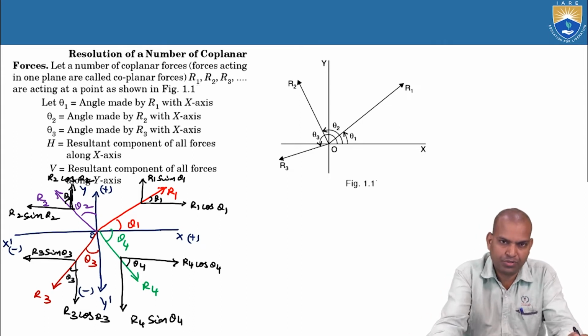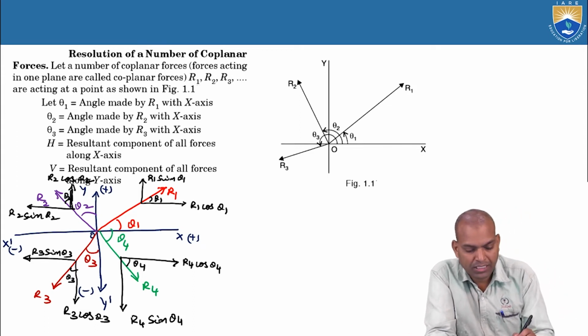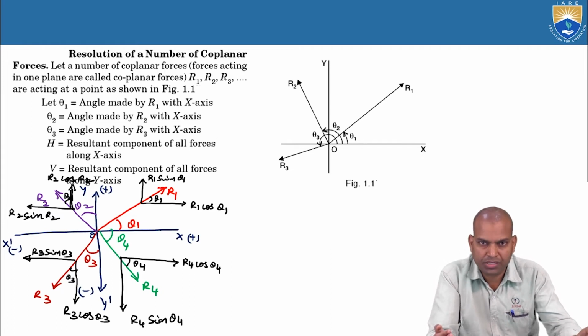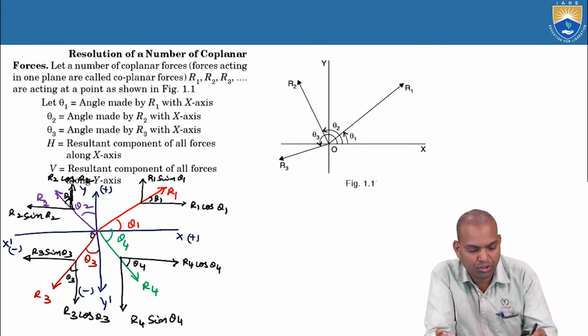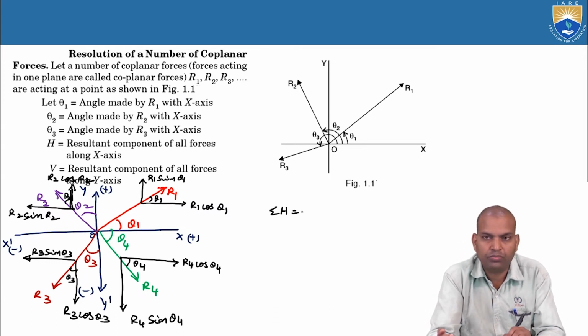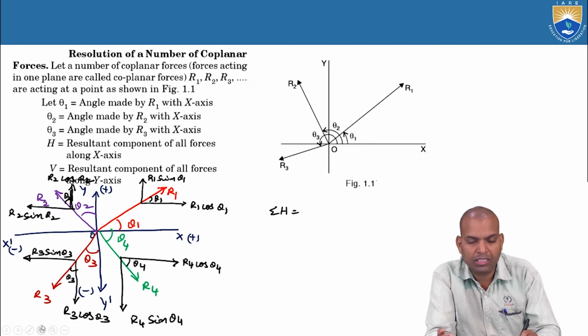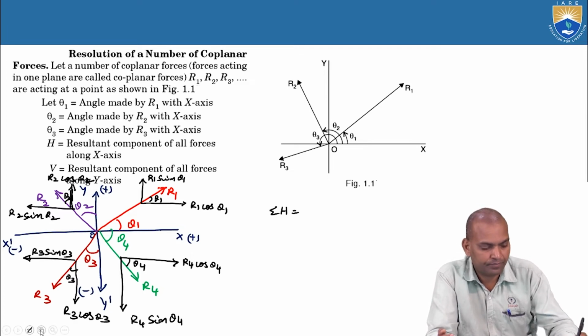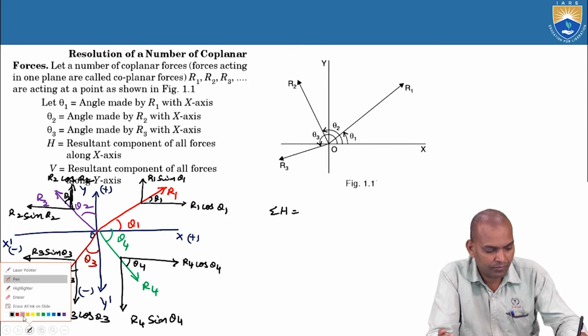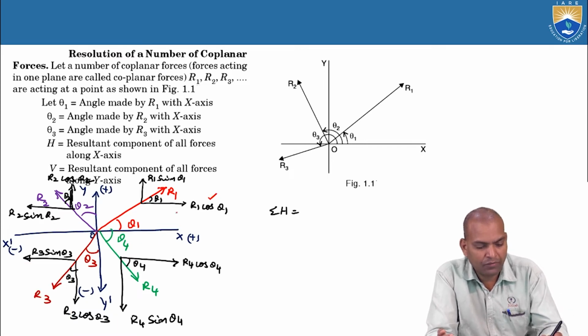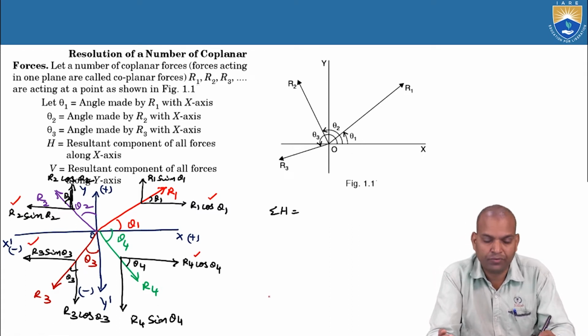Then directly substitute. Now what is sigma H? Algebraic sum of all horizontal components of forces. Sigma H equal to the horizontal components of the forces: R1 cos theta 1 term, R2 sin theta 2, R3 sin theta 3, R4 cos theta 4.